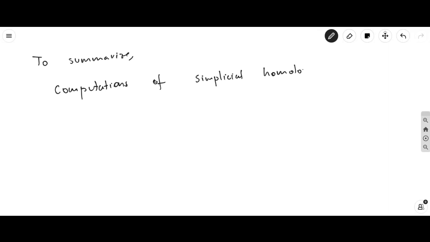So maybe to summarize, computations of simplicial homology come down to computing the following problem.